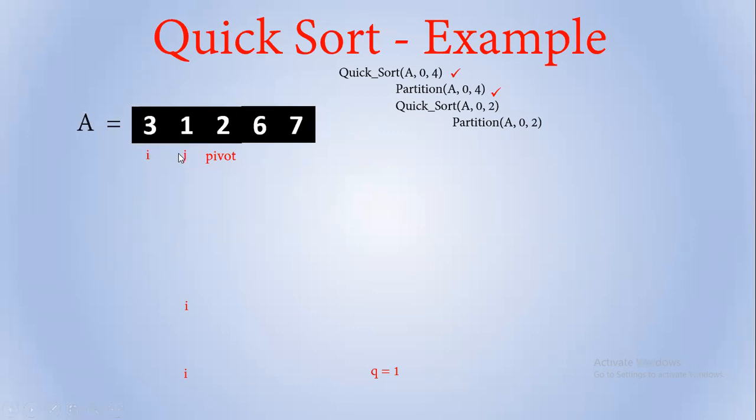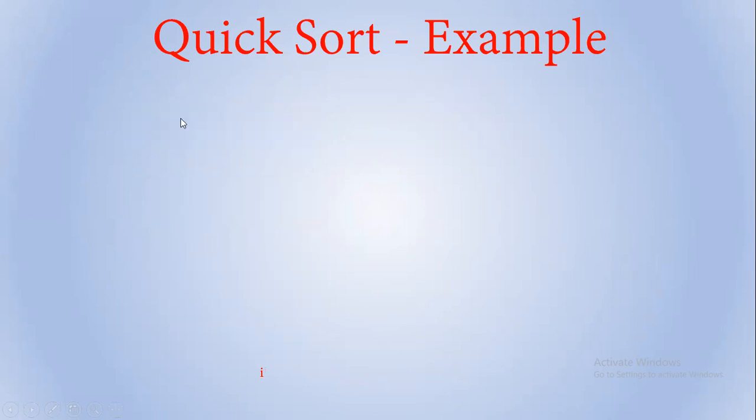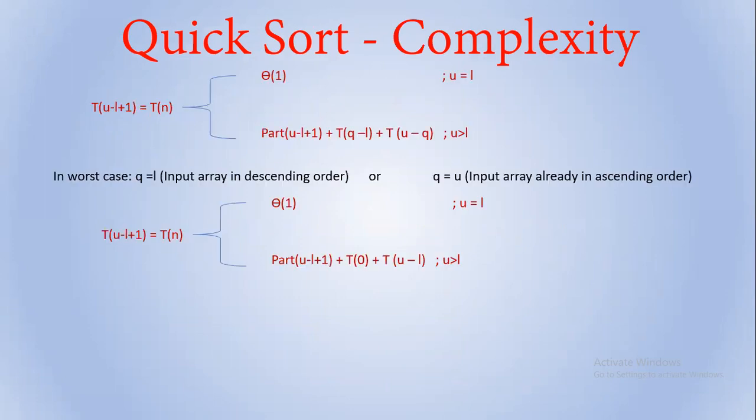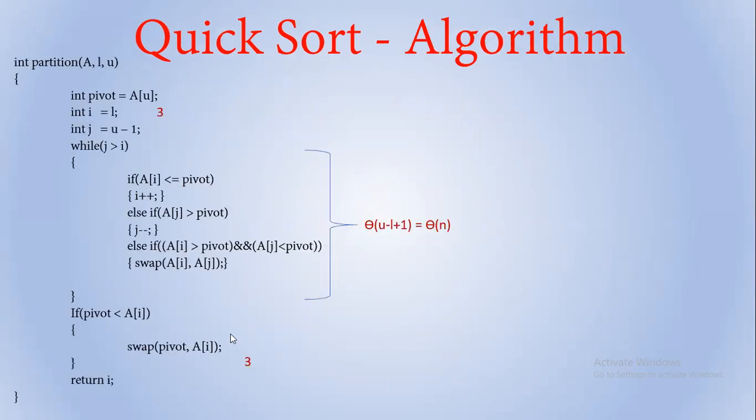According to the third condition, if it is satisfied, we have to swap this 1 and 3. The earlier ones failed: A[I] is greater than pivot and A[J] was less than pivot did not hold for those, so those fail, but this one is true. A[I] is greater than pivot and A[J] is less than pivot.